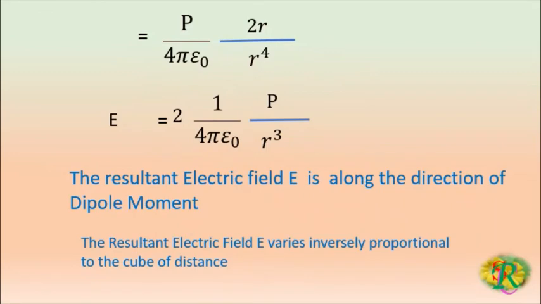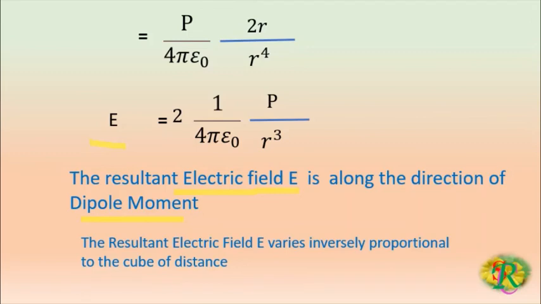The equation becomes P by 4 pi epsilon 0 into 2r divided by r raised to 4. The electric field intensity E is equal to 2 into 1 by 4 pi epsilon 0 into P by r cube. The resultant electric field is along the direction of the dipole moment.